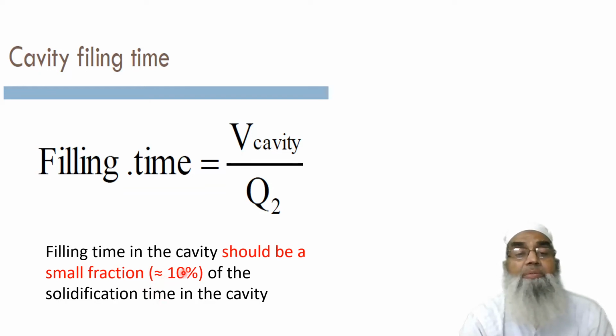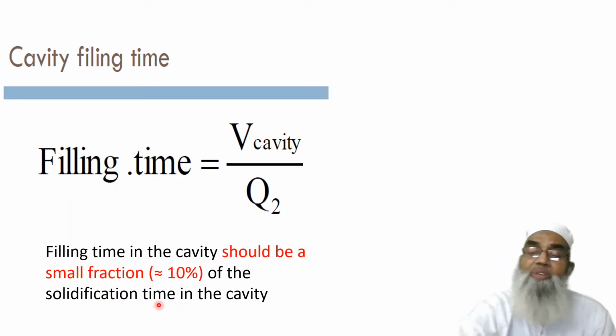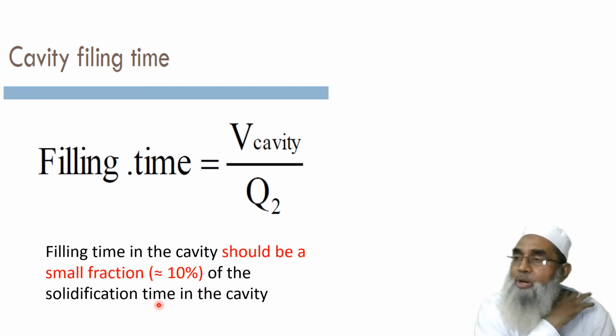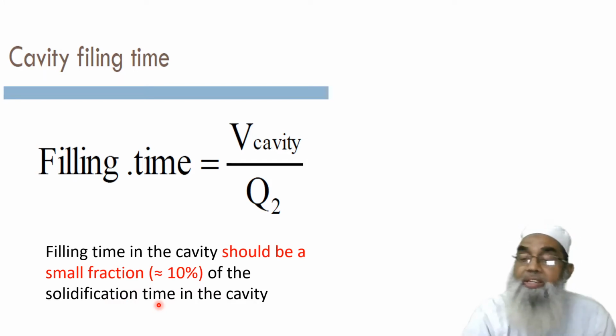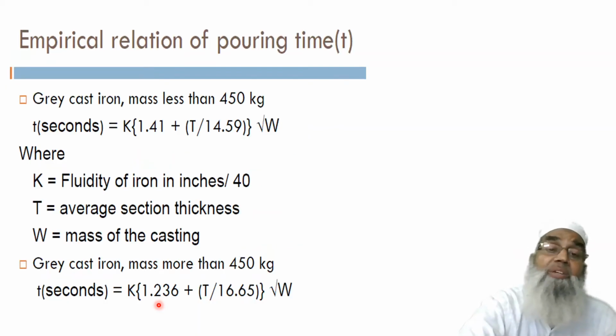And therefore, safely we can take approximately 10%. If we know the solidification time in the cavity, the filling time should be 10% of the solidification time. That gives us a sufficient amount of time to fill the cavity. Accordingly, we need to design the gating system.